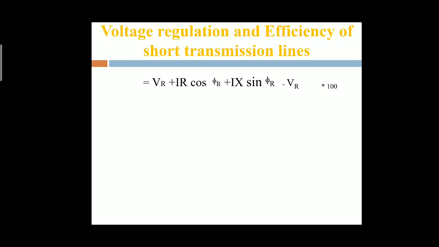Then we obtain VR plus IR cos phi r plus Ix sin phi r minus VR, by VR into 100, in terms of percentage.